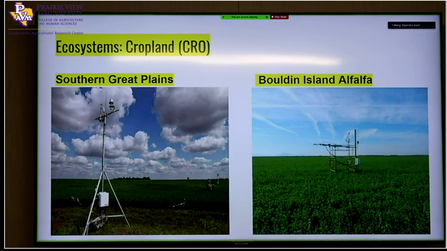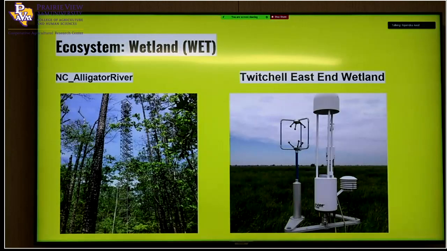the Blue Island Alpha area, which is a cropland that is more of a Mediterranean feel with mild, dry, and hot summers. So the next area is in North Carolina, which is the Alligator River.